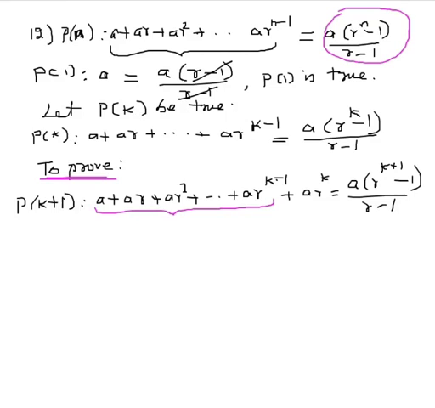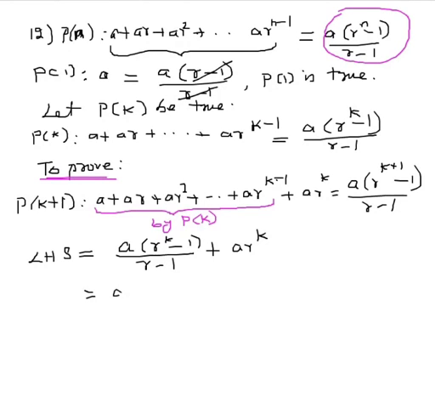Now the first k terms total we know, which is the right hand side of P of k statement. Therefore left hand side of this equation is equal to, I am replacing the first k terms total by this, and this is k plus 1th term. Simplification is easy. We will first take a out, and then take LCM.